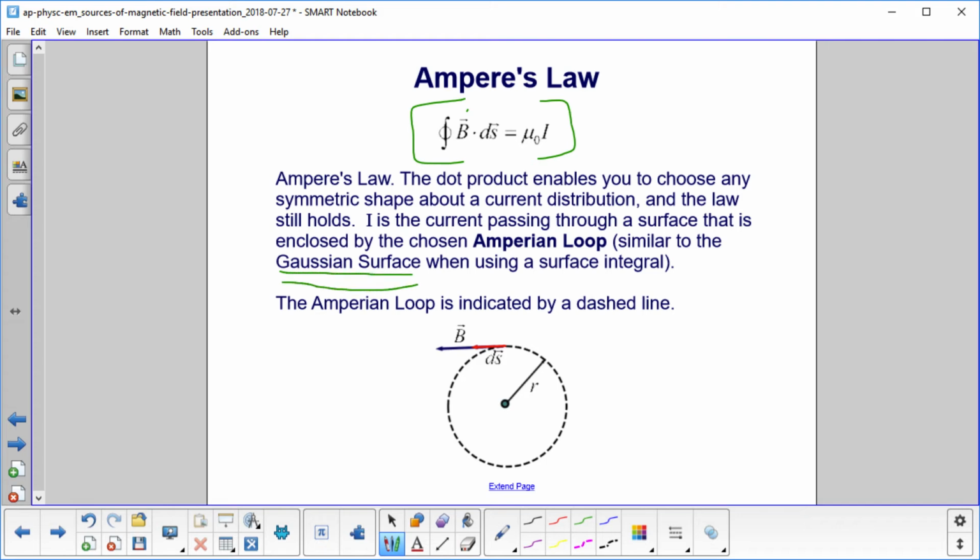So another big difference here, Gauss's law had a surface integral, Ampere has a line integral. This guy looks the same, so you have to know which law you're applying it to. And it helps that this is just a line segment, so you know that that's a line integral. We indicate an Amperian loop with a dashed line, just like we did for the Gaussian surface. So there's our Amperian loop.